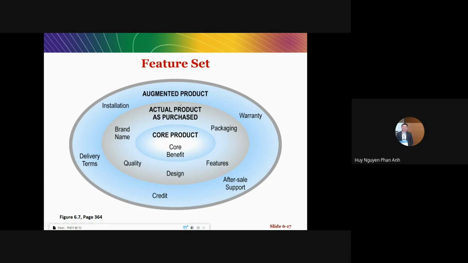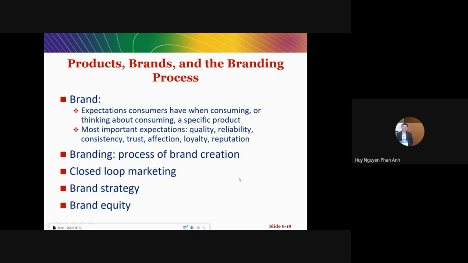And the augmented products such as warranty, after-sales support to enhance the loyalty of the consumers. For the brand, the most important expectation for a product is about the quality, reliability, consistency, the trust, loyalty, and reputation.